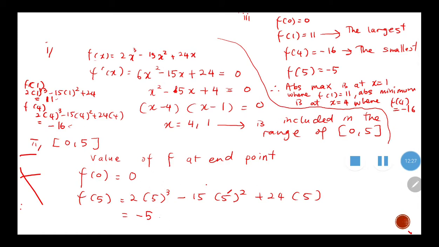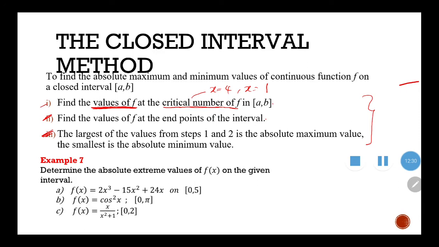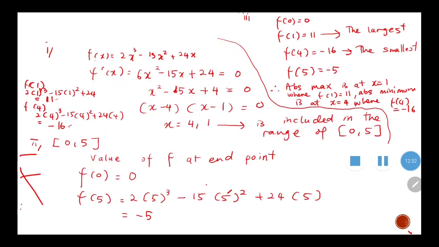And the final step is to find the absolute minimum and the absolute maximum from all the function values that you have calculated here. The absolute maximum is the one with the largest value. In this case, it is when x equal to 1, and the absolute minimum is when x equal to 4. So that is how you should answer this kind of question.